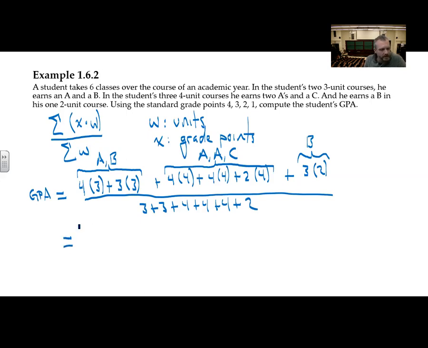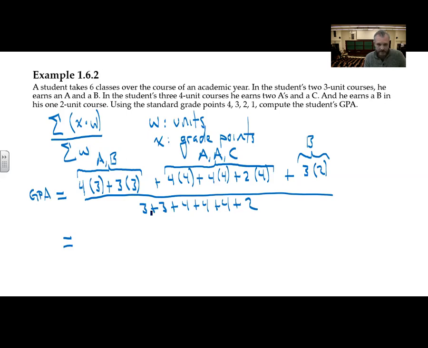And when we compute all these things, let's just go ahead and do that. I'm going to do it off on the side here. I have a calculator that you can't see, but nonetheless. So 4 times 3 is 12, plus 9, plus 16, plus 16, plus 8, plus 6.